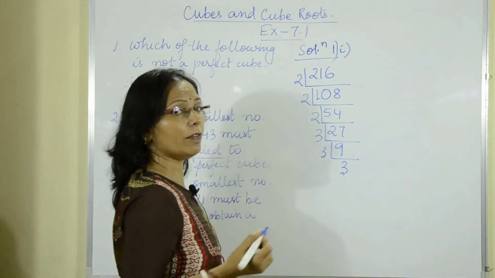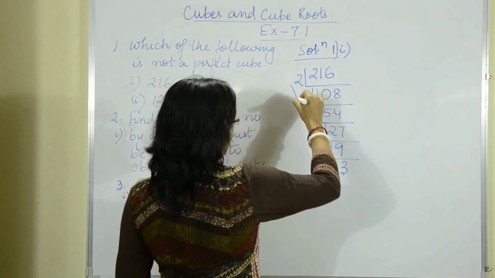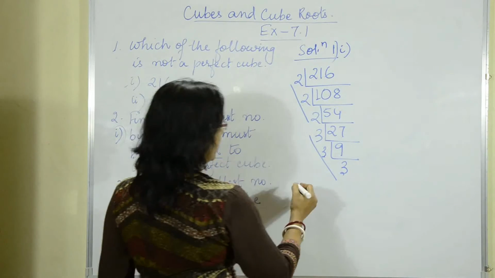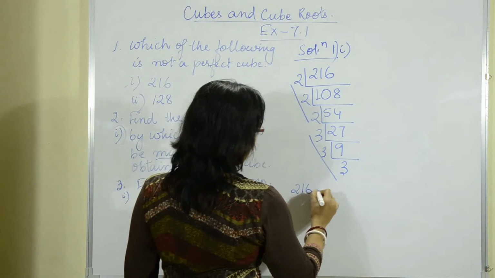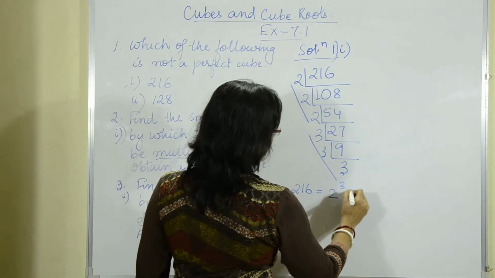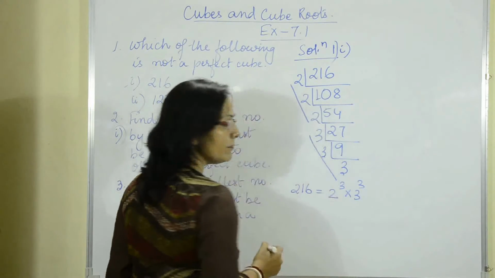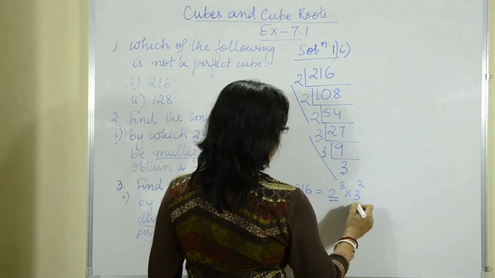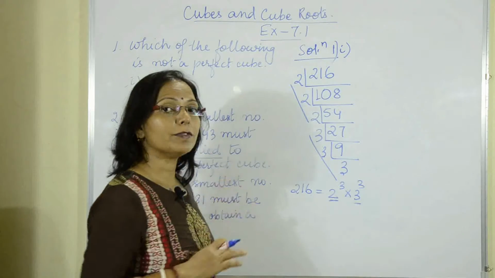Now here what do we see? There is a set of 3 2's, there is a set of 3 3's. That means 216 equals 2 cube into 3 cube, right? There is a complete set of 2's, a complete set of 3's in terms of its cube.